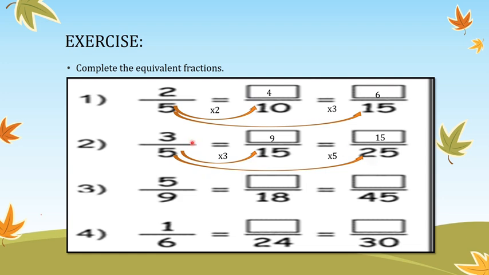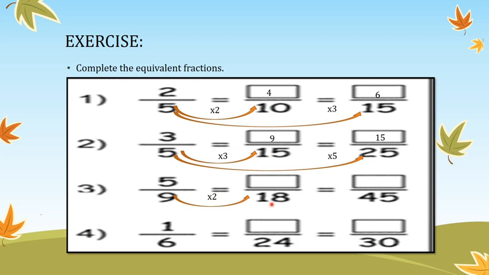Now 3 by 5, 9 by 15 and 15 by 25 are equivalent fractions. They are equal to each other. Same way we are doing the remaining questions also. We are going to read the table of 9 to find how many times of 9 18 comes. 2 times, right?